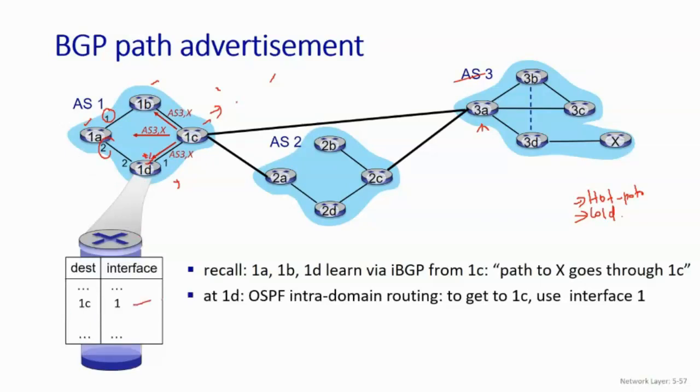This is a result of the OSPF routing protocol. To reach 1C, this interface is to be used. So if the destination is 1C, the interface to be used is 1. If the destination is X, what should be the interface to be used in 1A? After receiving this AS3, X, what will be the entry here?